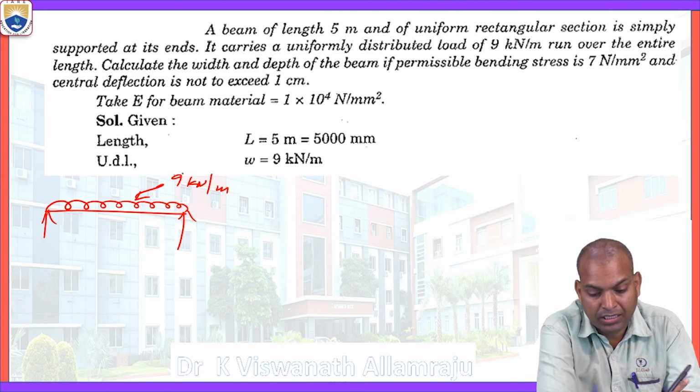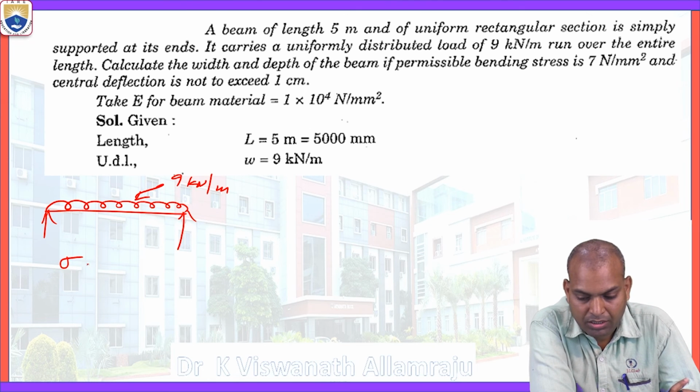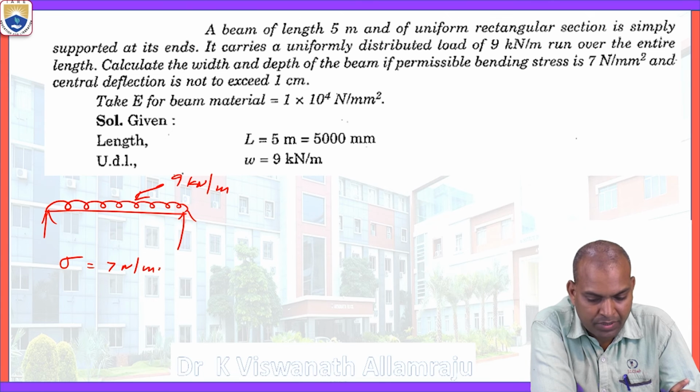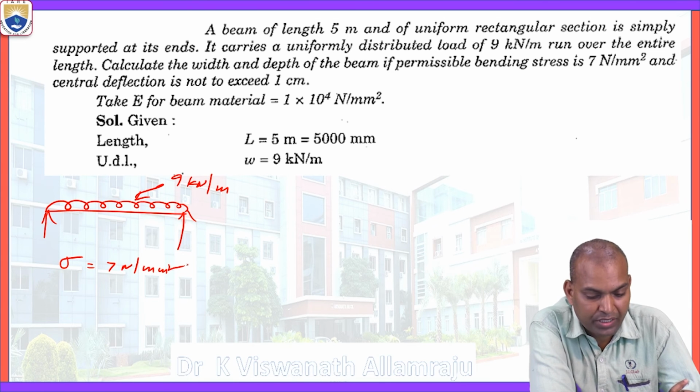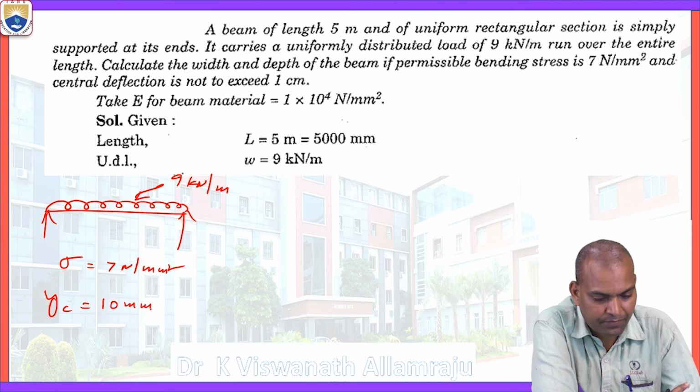Calculate the width and depth of the beam if the permissible bending stress is 7 Newton per square millimeter and the central deflection is not to exceed 1 centimeter, that is 10 millimeters.